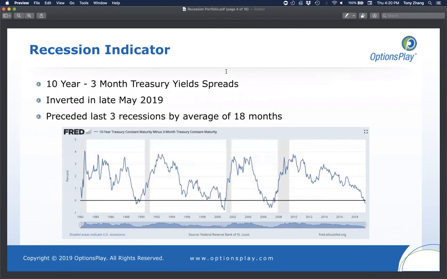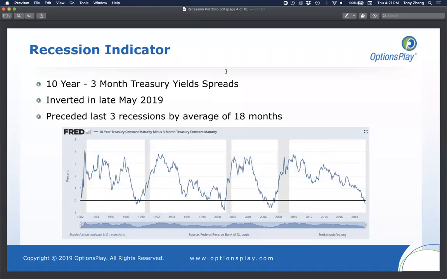The reason we look at this is because when participants in the market lose confidence in the market, they start to buy longer dated bonds, and they buy them at such a pace that the 10-year bonds are actually paying a lower yield than short-term bonds, and that reflects our lack of confidence in the markets in the short term. That's really when we see the 10-year versus the 3-month treasury yields turn negative.